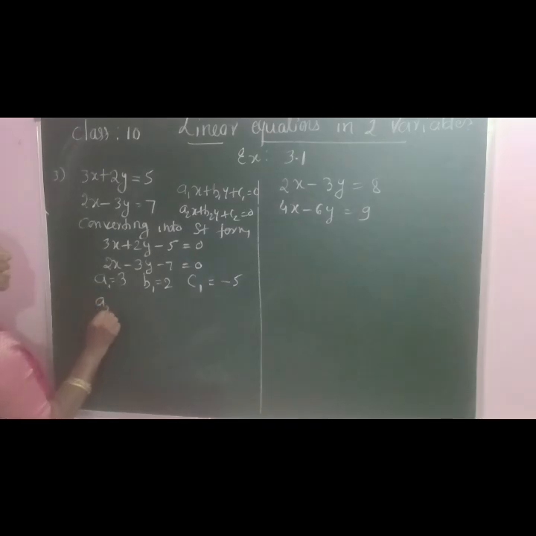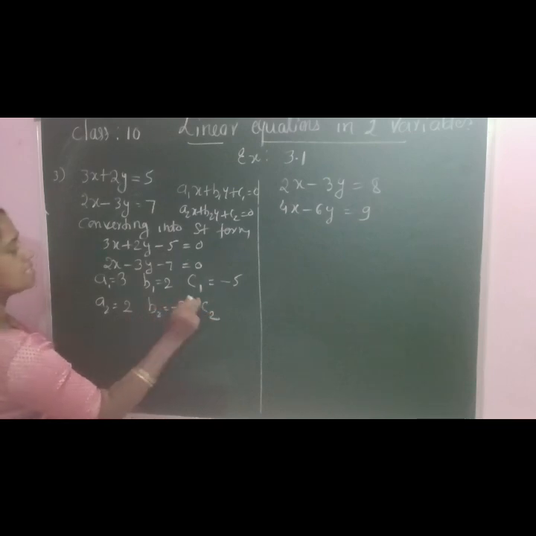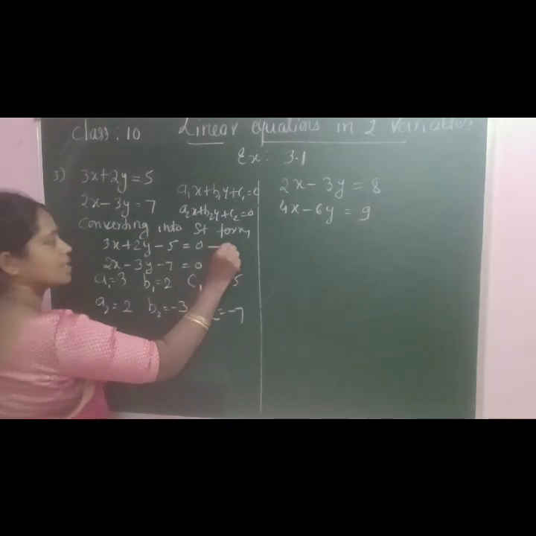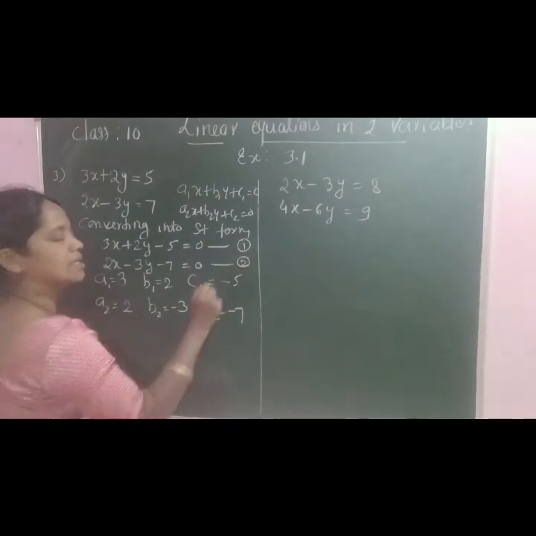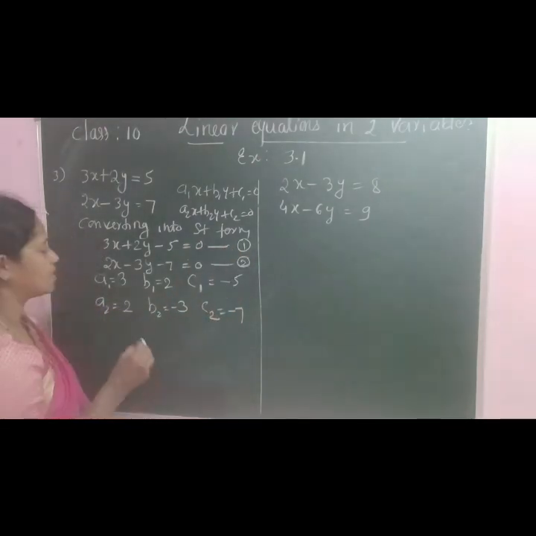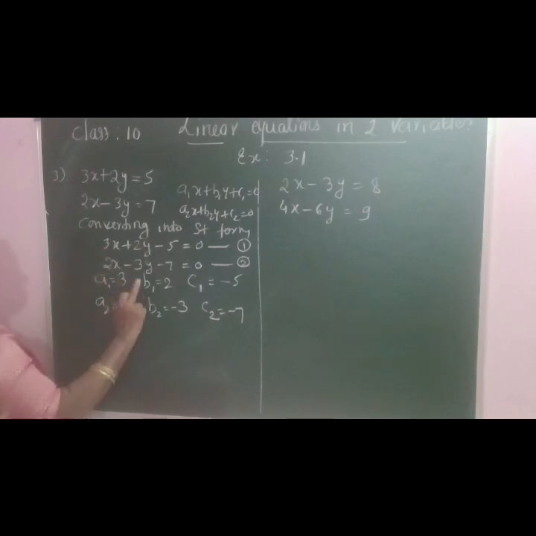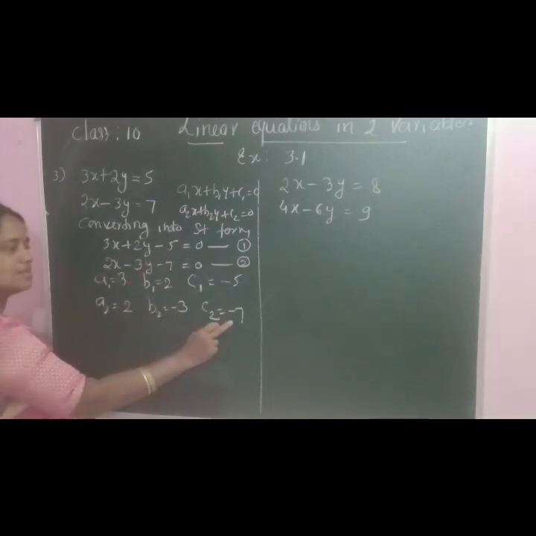Next, for the second equation, a2, b2, c2: a2 is 2, b2 is minus 3 and c2 is minus 7. So you don't get confused, these are equations number 1 and 2. Let us check once: a1 is 3, b1 is plus 2, c1 is minus 5; a2, in the second equation, is 2, b2 is minus 3 and c2 is minus 7.